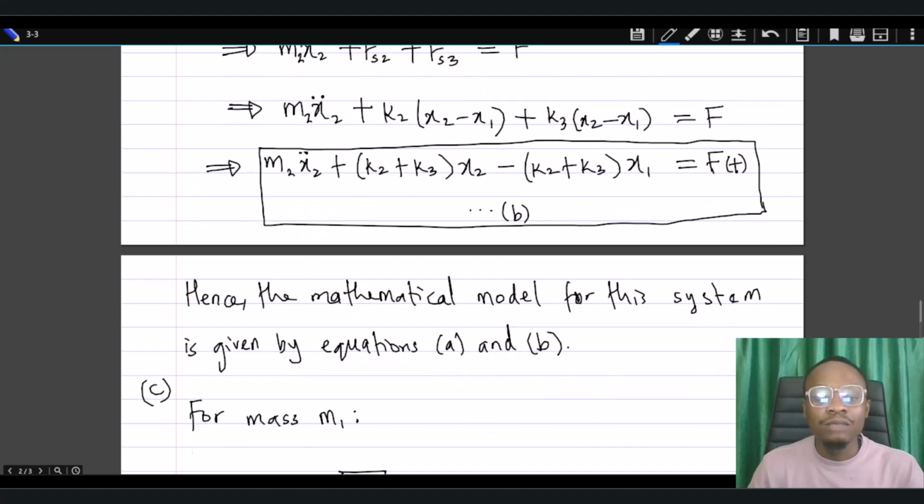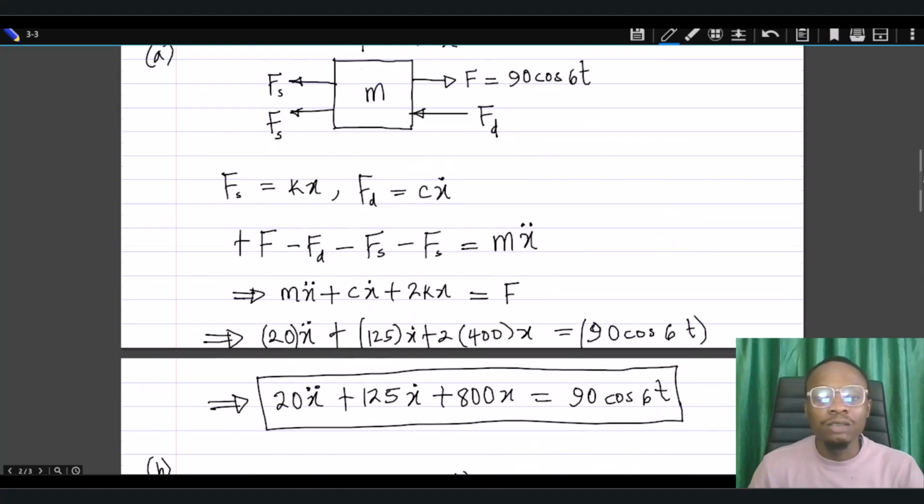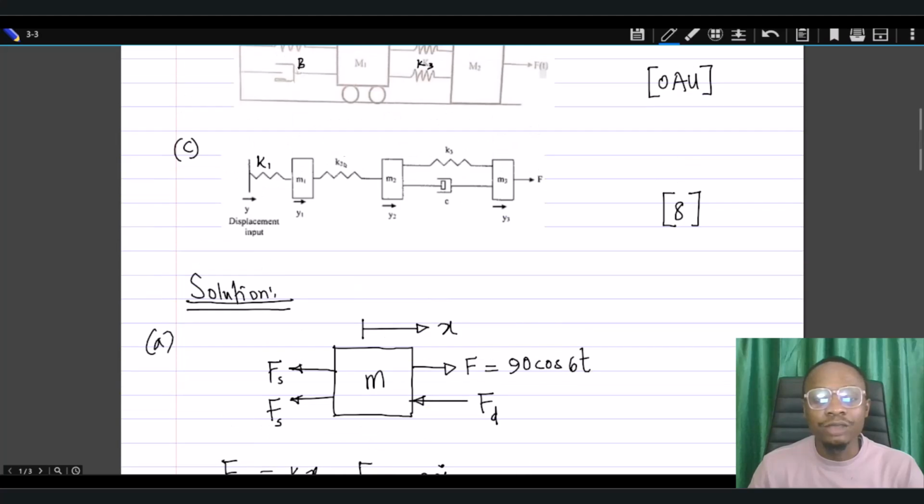So that means Fs1, as far as this body is concerned, will be K1 into y1 minus y. Then we go to Fs2, the force on body M1 due to the change in length of the spring 2. So this is the second spring here. So if this is displaced as it is to the right, then it doesn't necessarily connote a change in length of this, because that will also depend on y2 since it is connected to this end. So that will be y1 that it goes to the right, minus y2.